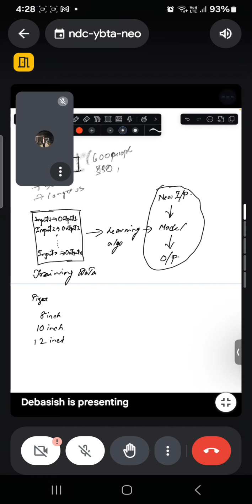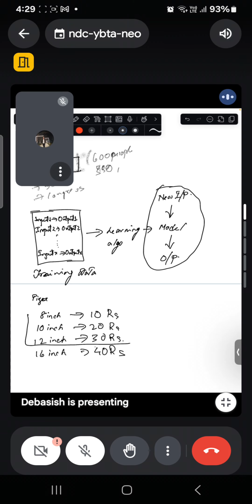If we give the prices 10, 20, 30 rupees, we'll provide some data. So you are saying that by increasing 4 inch, the price increases by 10. For 16, you can tell that it will be 40 rupees by looking at the pattern.